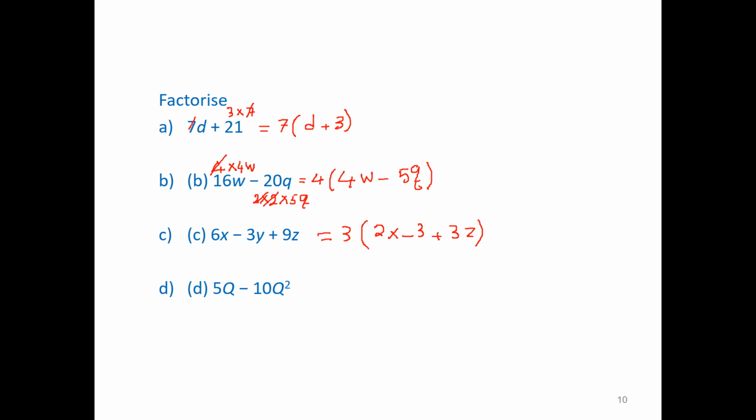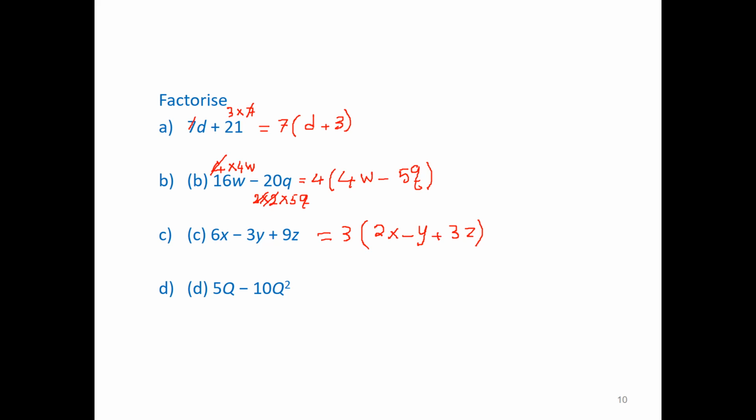So this should be y, not the 3. Because here 3 times y, we took 3 as a common factor, the remaining will be minus 3.